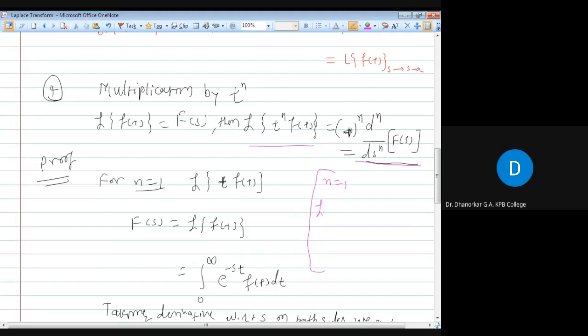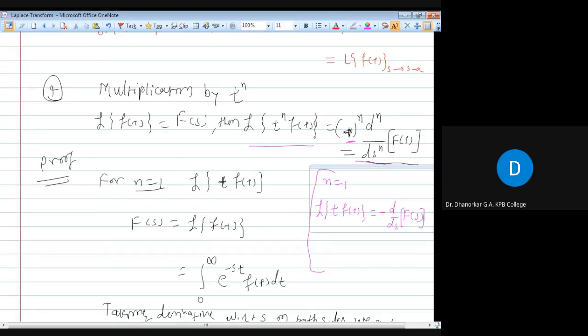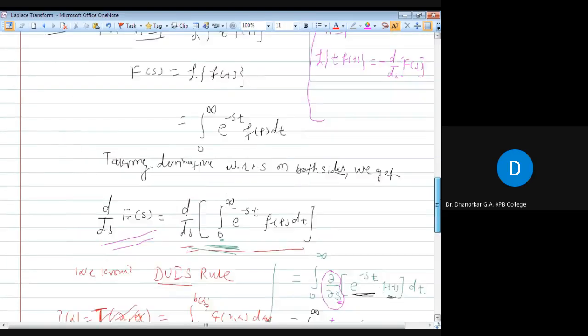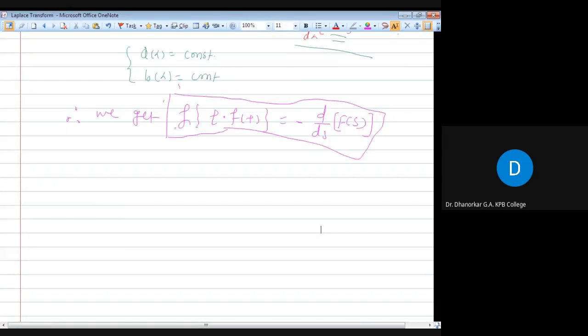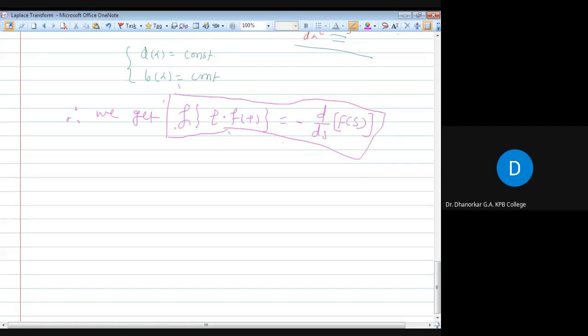The Laplace transform of t into f of t is equal to, putting n equal to 1, minus 1 raised to power 1, which is minus d by ds of f of s. We are getting the same result: the Laplace transform of t into f of t is equal to minus d by ds of f of s.